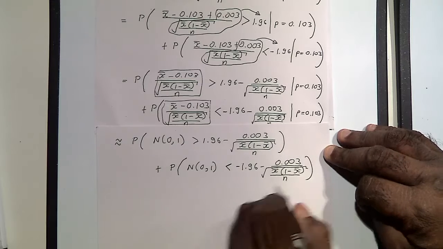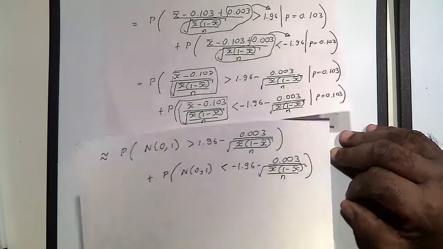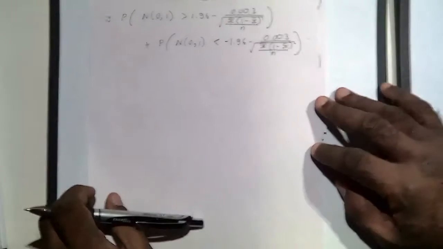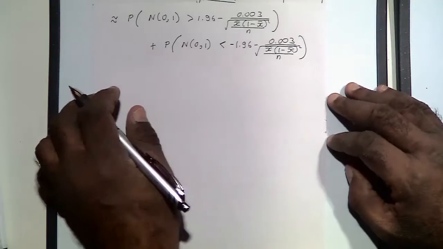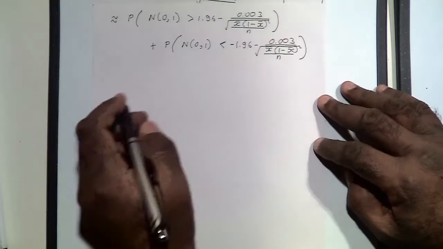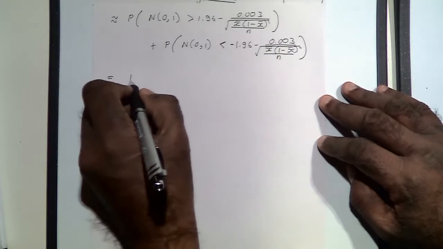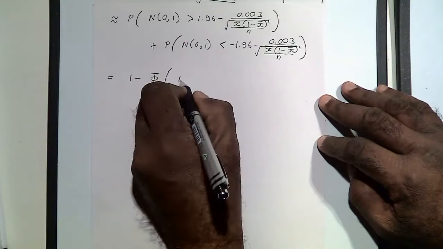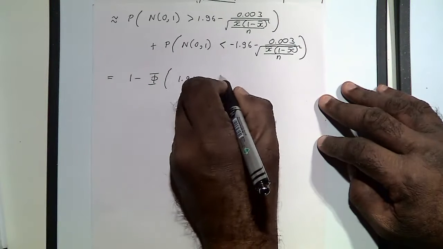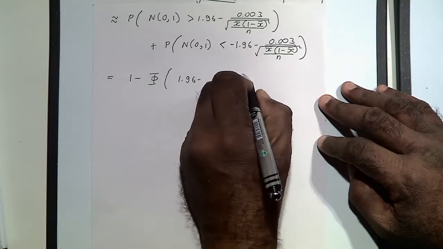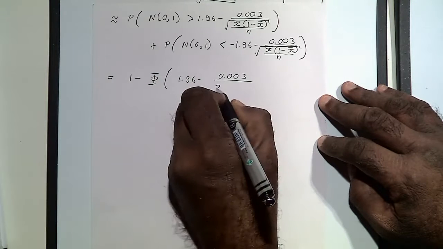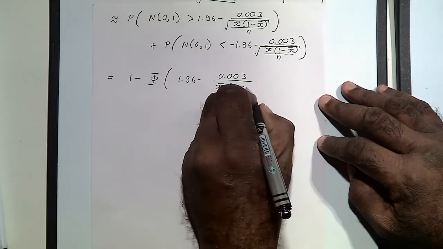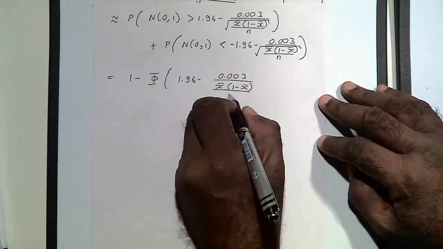Okay, so we are nearly there. The final step is that we write this as follows. The first term you can write as 1 minus phi at 1.96 minus 0.003 divided by this, right?